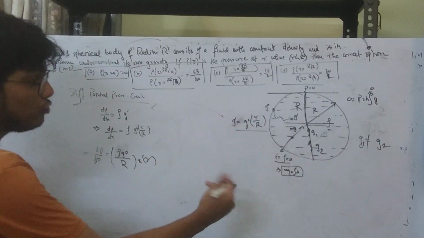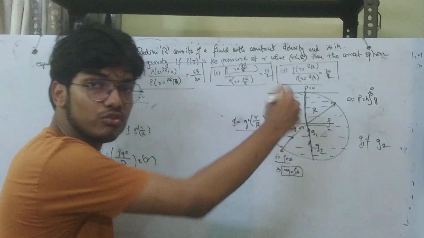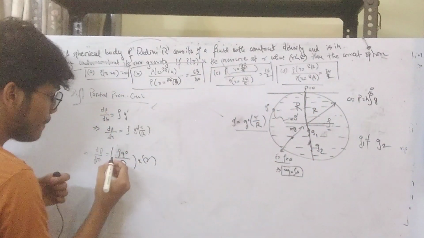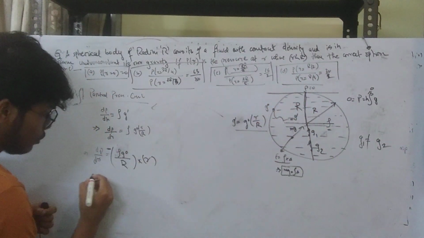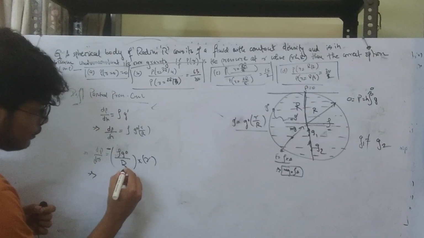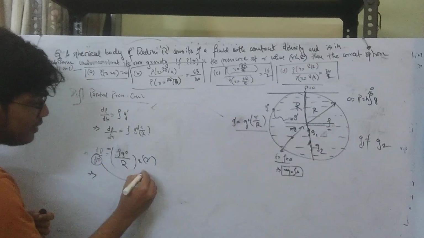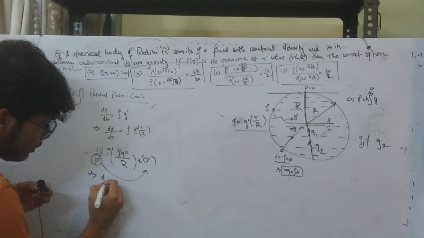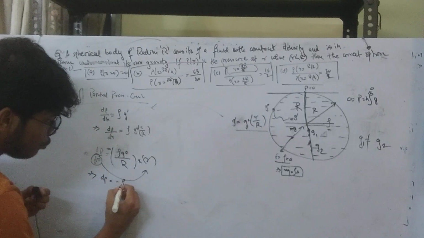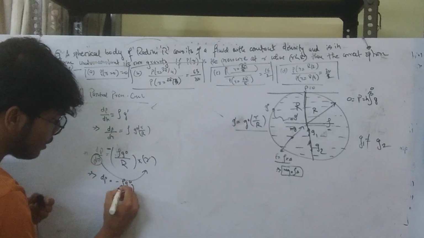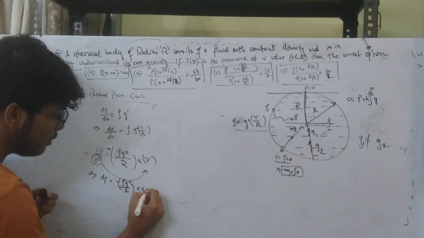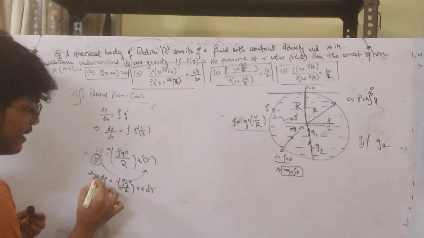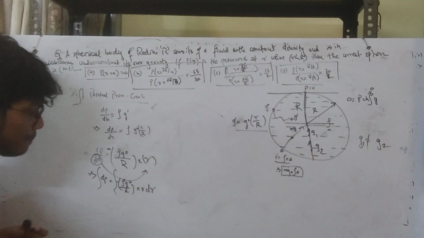Now, as we are going towards the center, as per sign convention, we will be giving it a minus. So now take this dr to the right hand part. So what we can write now? dP equals to minus rho g naught by capital R into r dr. Now integrate both these parts.